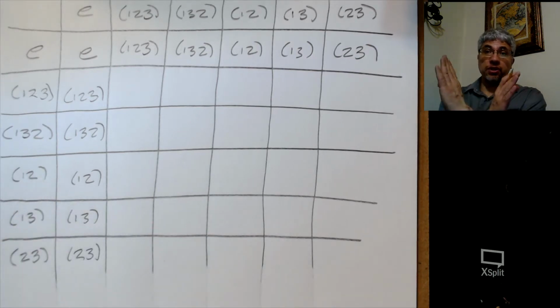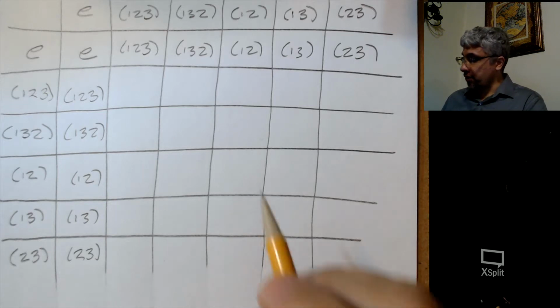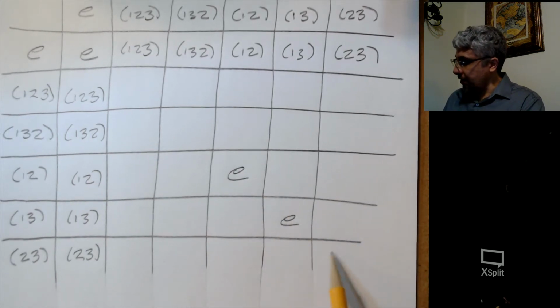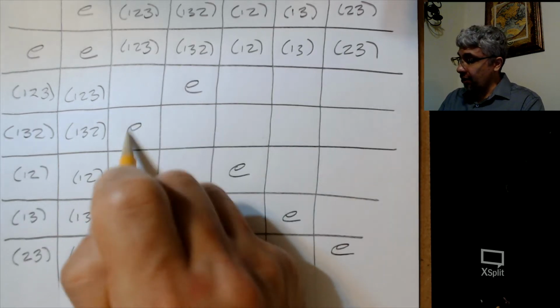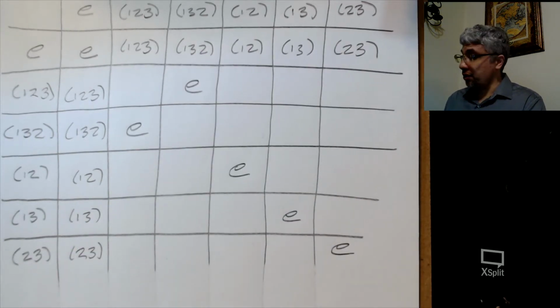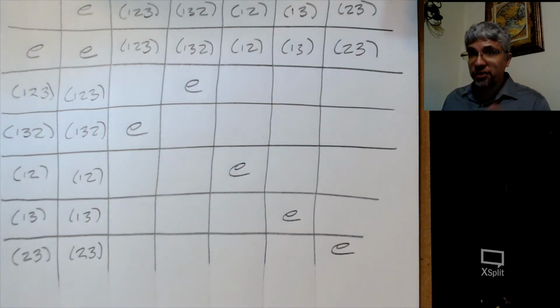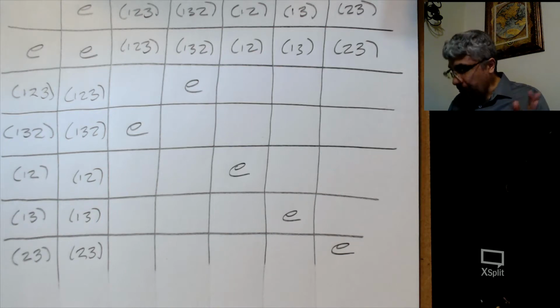Because if we switch 1 and 2 and then switch them back, we go back to where we started. So I know that's E, and similarly, I get the identity there and there. Now, I know that (1 2 3) times itself is not the identity because we said that had order 3. So the only other possibility is that, because we can only put the two E's here or here. Yes, we are using our Sudoku rules. We could think about it without, but no reason for us not to.